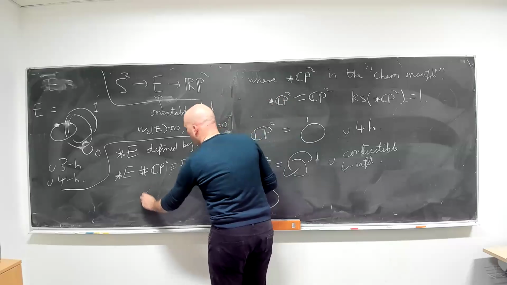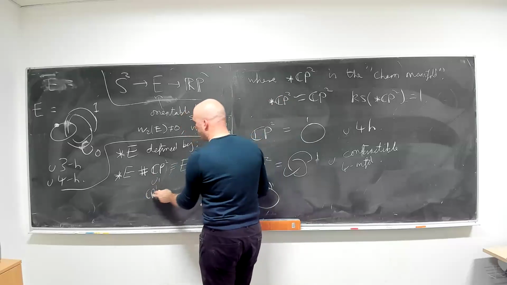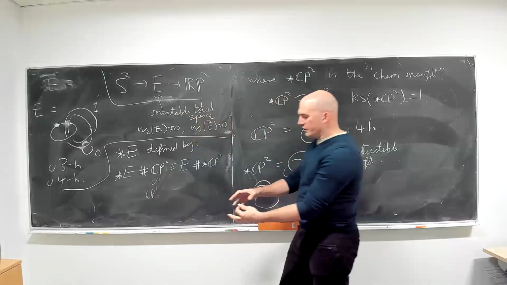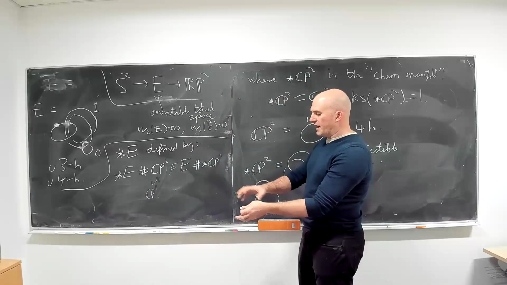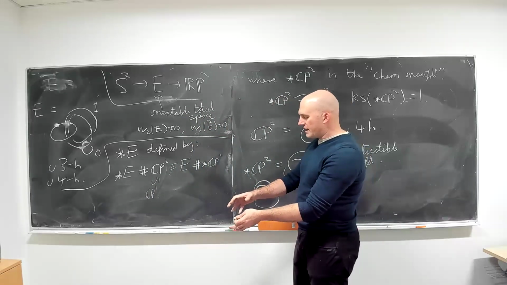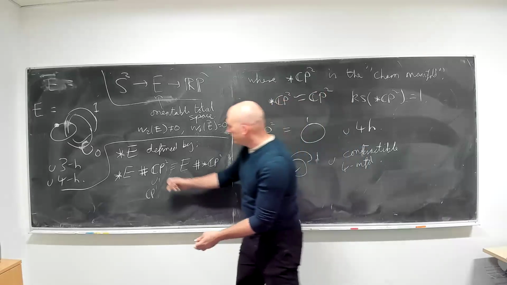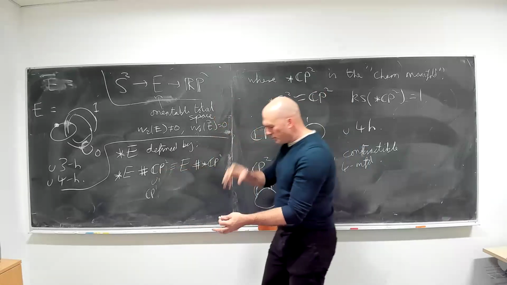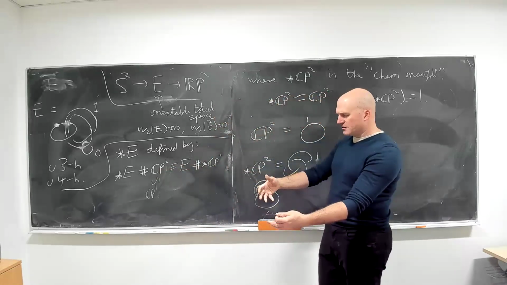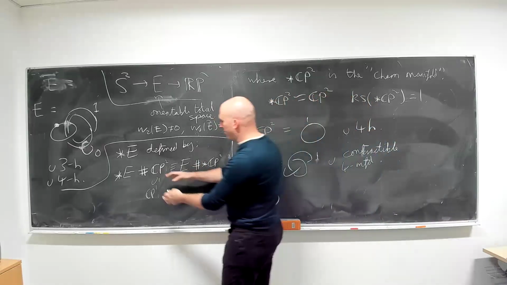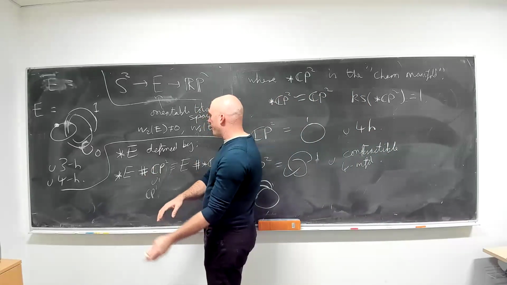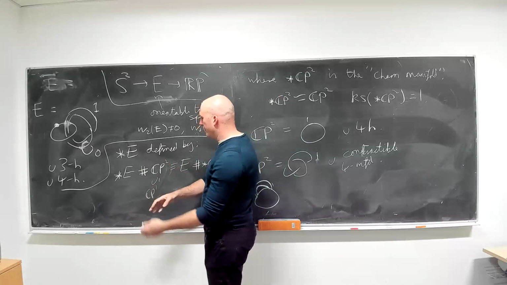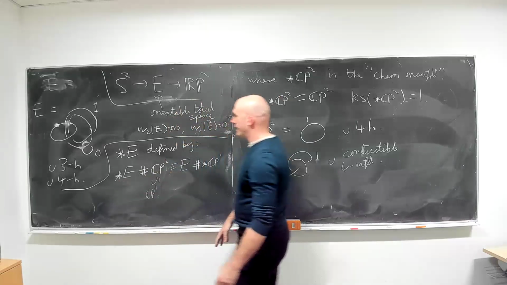If you have a 2-sphere in a 4-manifold whose normal bundle has Euler number 1, then that's the same as a CP2 connected summand, because the boundary of a regular neighborhood of that sphere will be an S3. So you remove that thing and glue in a 4-ball, you just blow it down, and the result is star E.